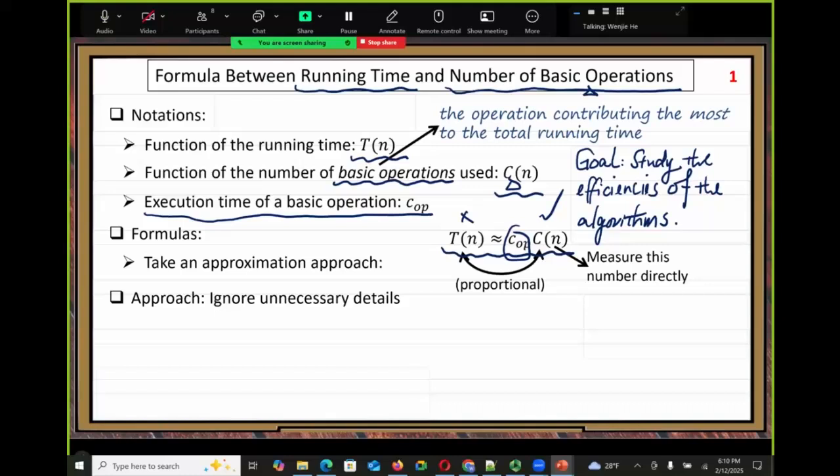That is the more specific goal or objective: classify the algorithms by their efficiencies.